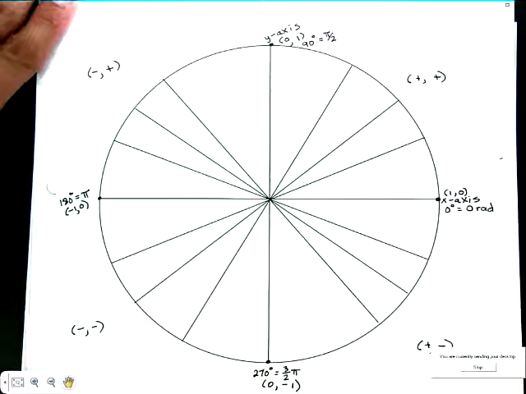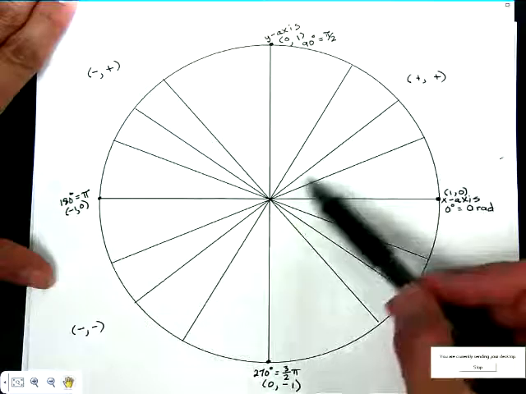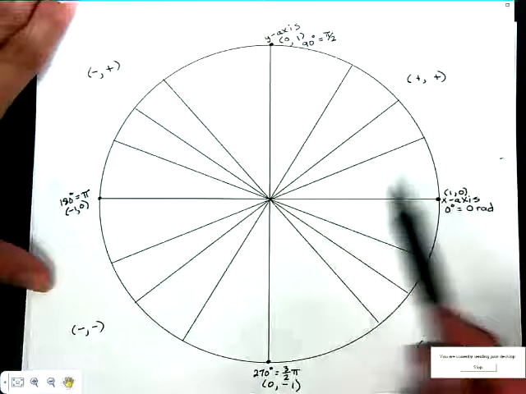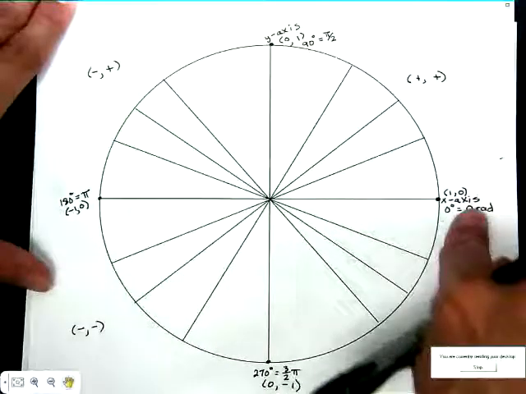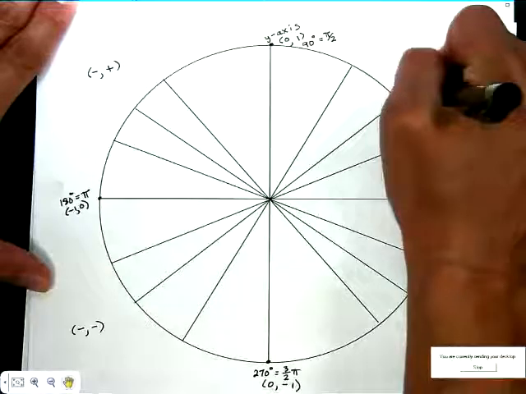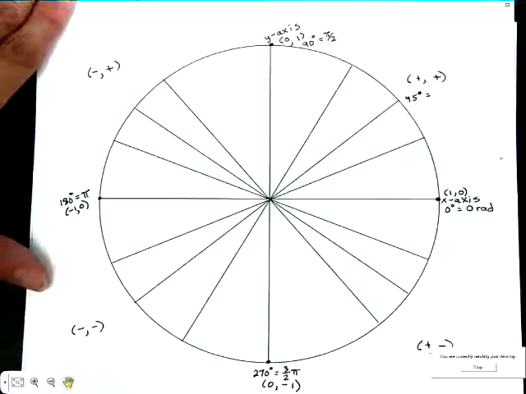All right, let's talk about our 45-degree angles. They bisect each quadrant. So if this is 0 degrees and this is 90 degrees, this must be my 45-degree angle here. Or how many radians is that?